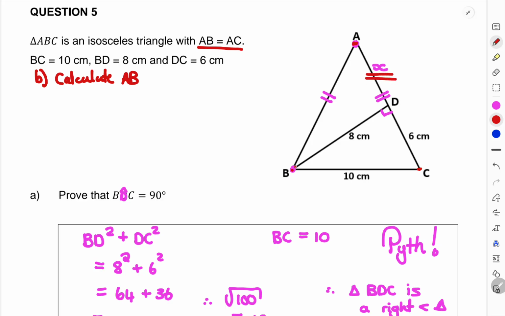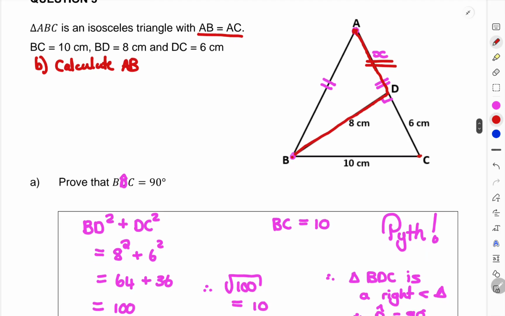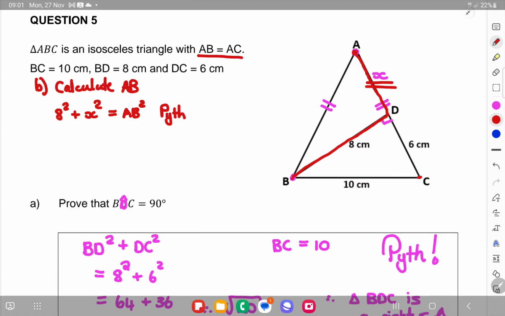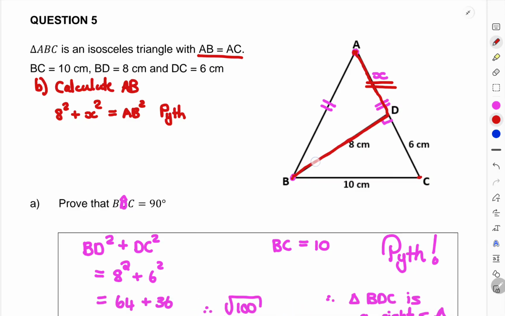Now, if you think of Pythagoras, this one was 8. This one is plus X squared will give you AB squared. So let's just write it up and see what I can get with that. So I'm going to say 8 squared plus X squared is equal to AB squared, and that is because of good old Pythagoras. But then I also have 8 squared plus 6 squared is equal to 10 squared.